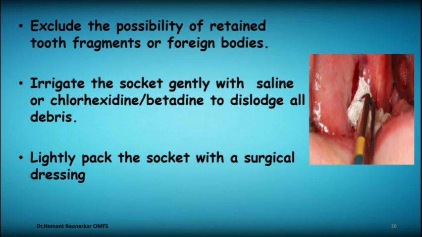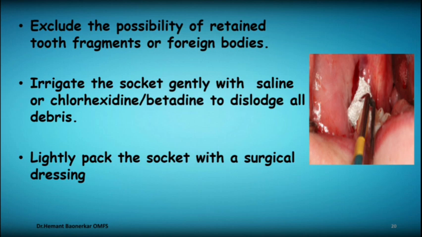If possible, irrigate the extraction site and take out any foreign bodies, tooth fragments or food particles inside the extraction socket. After thorough cleaning and debridement of the extraction site, betadine irrigation should be used to disinfect the infected site.